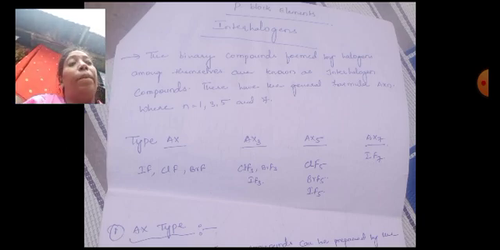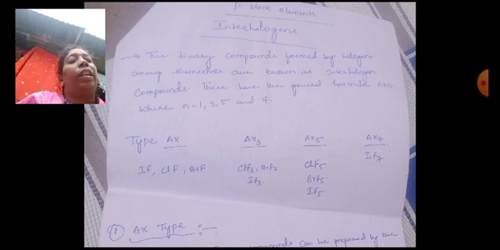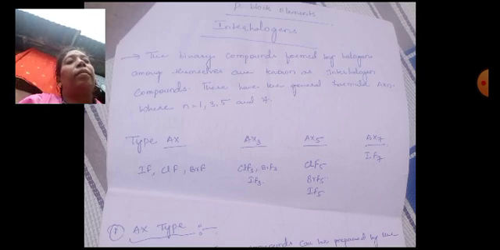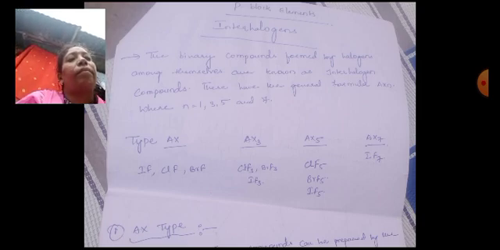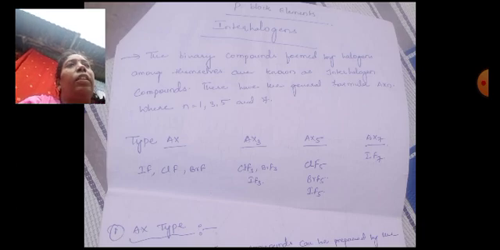So in AXn, n is equal to 1, 3, 5. See that it is compulsorily an odd number. It can never be even and it never starts with 0. So n is 1, 3, 5 and 7. That means in AX7, one halogen is A, the other halogen is X. So this is about interhalogen compounds.